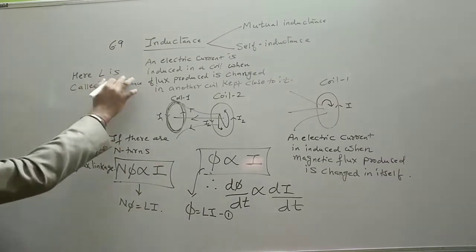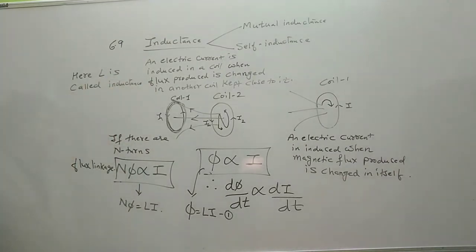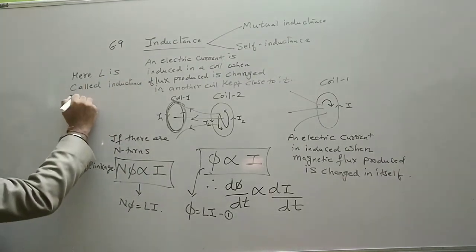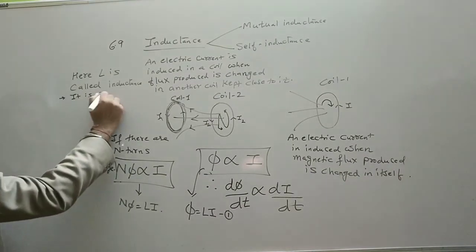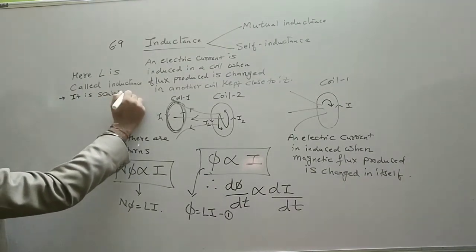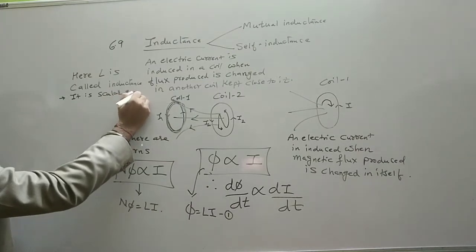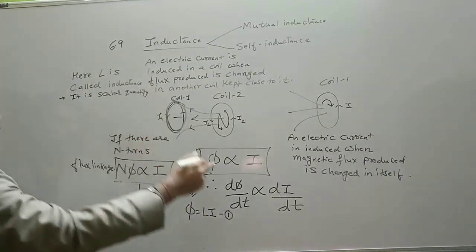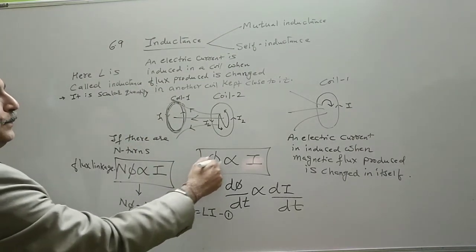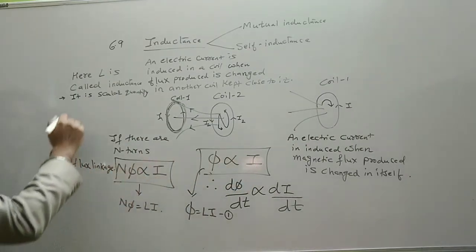Now for general form, L is called inductance. Number 1, it is a scalar quantity. It should be a scalar quantity because flux is scalar, I is also scalar.